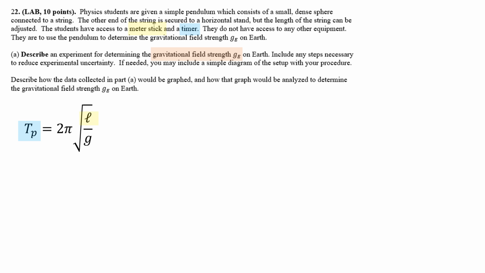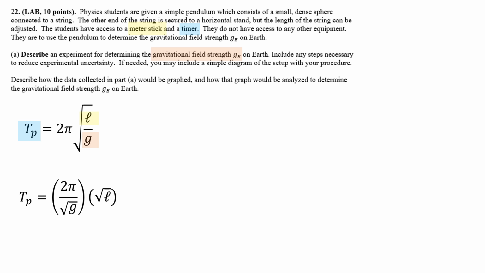Since g is in there, but there's also some other things, I'm going to group all of those things that aren't the highlighted variables together and rewrite them like that. So g is what I'm after, but there's also the 2 pi part. So I'm going to rewrite that like T equals all that stuff in parentheses times the square root of L.